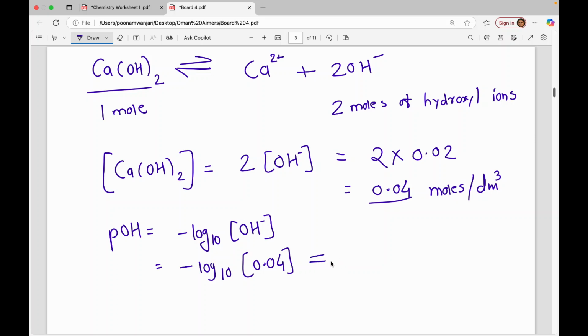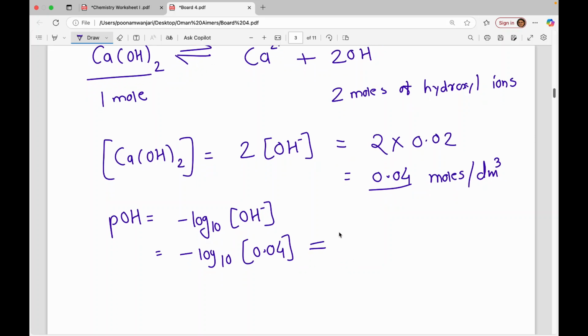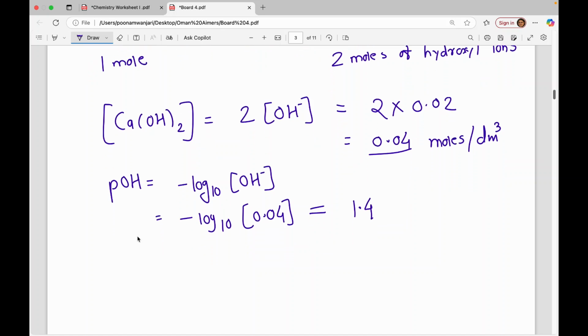Just calculate directly in your calculators. The value is nearly 1.39, so you can take approximately 1.4. The value of pOH is equal to 1.4.